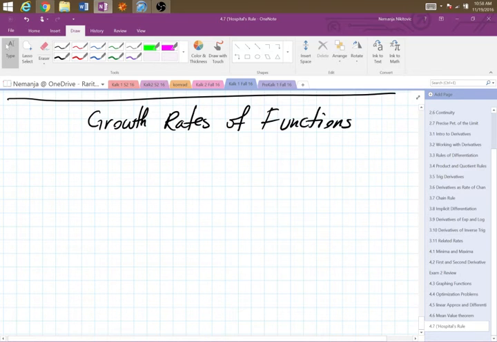If you have a fast-growing function divided by a slower-growing function, the limit is going to be infinity. If you have slow over fast, it's going to be 0. If they are the same order, then it could be anything, but most likely will be coefficients and so on.